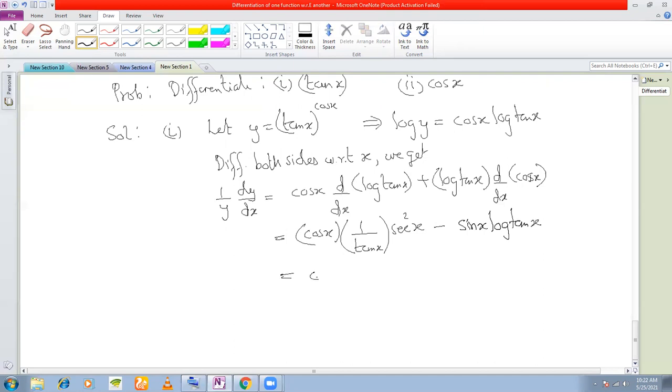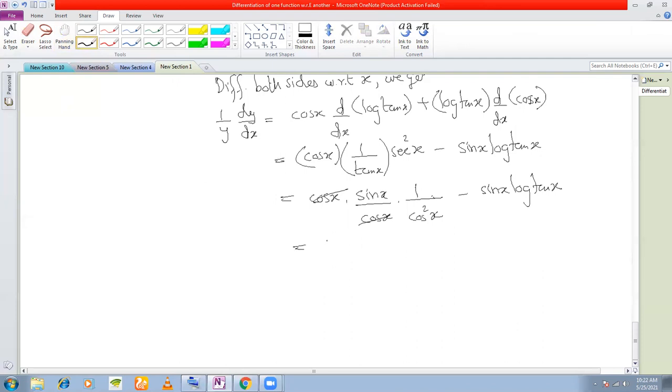So now you change this tan to sin by cos. So cos and cos will cancel, and extra you have a sec square. But better change this to cos also.